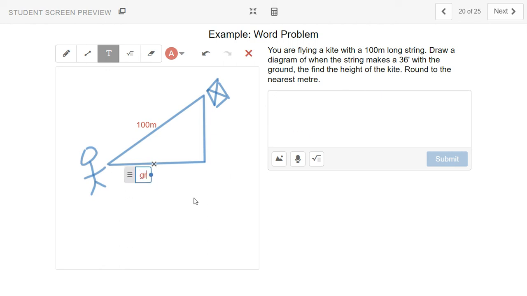Now I know that this is the ground, and this is just a perpendicular that we dropped. The perpendicular also happens to be the height. Because if we can find this value, then we know what the height is.